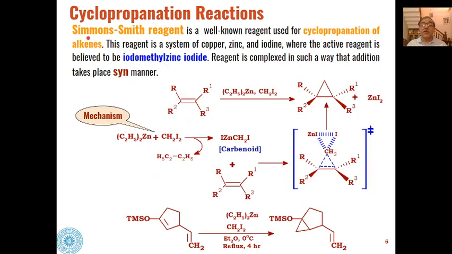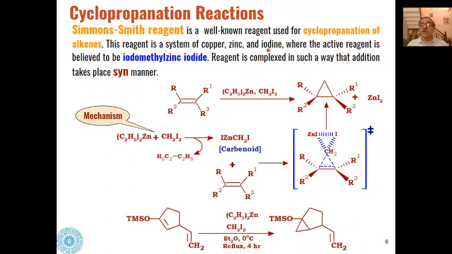Then a very important reagent which is used for cyclopropanation is the Simmons-Smith reagent, and this is very commonly used for cyclopropanation of alkenes. This reagent consists of diethyl zinc and diiodomethane.